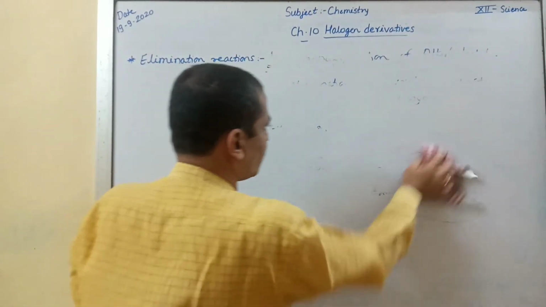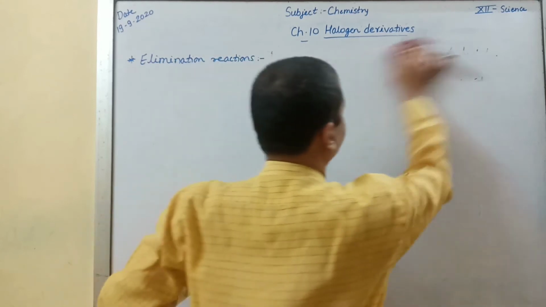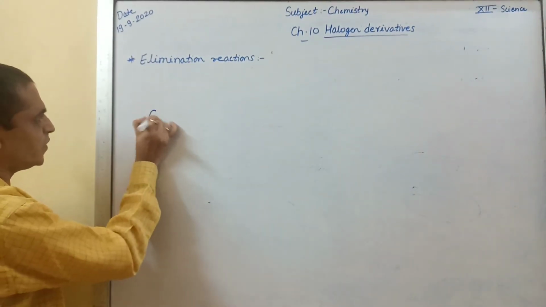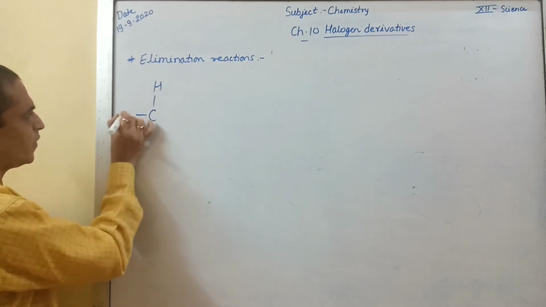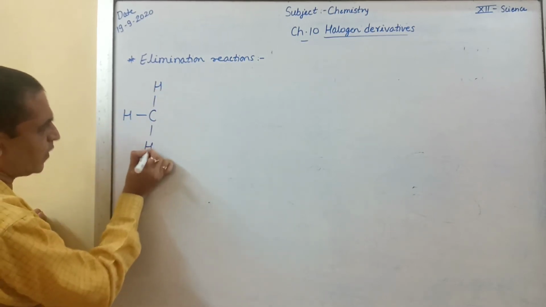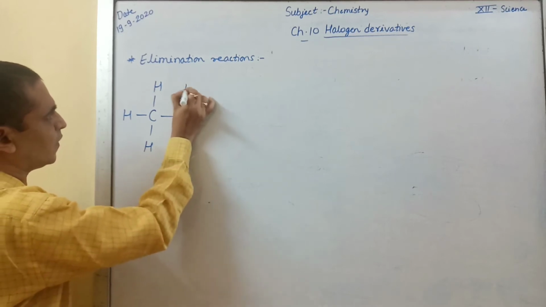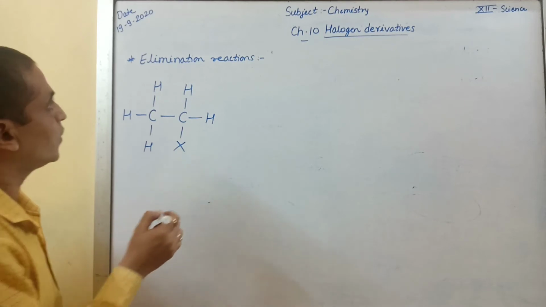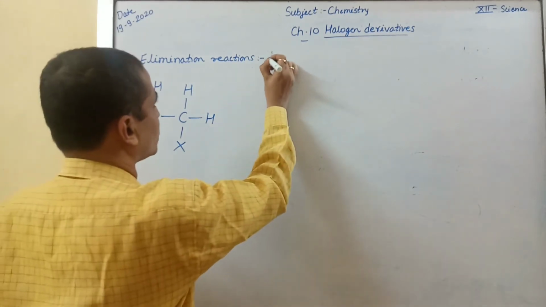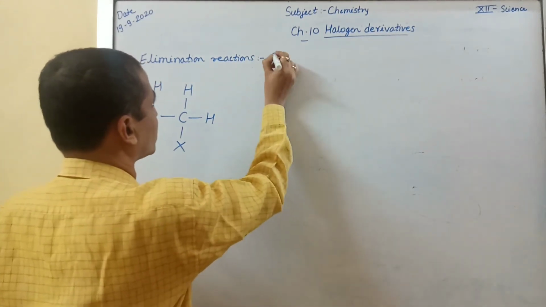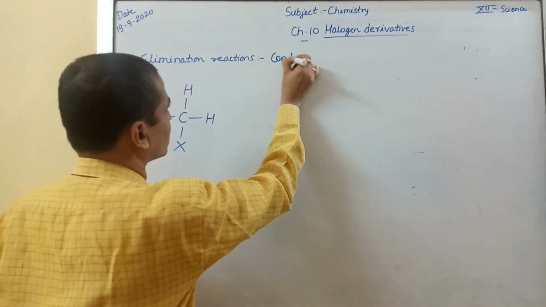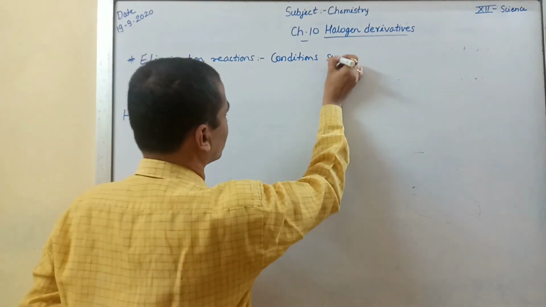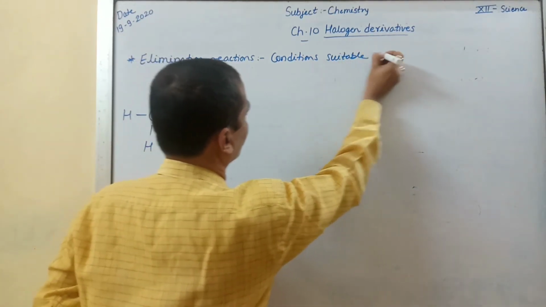Now for this we can write a simple reaction. Take CH3 CH2 X. But before going to study this, you must remember what are the conditions suitable for elimination.